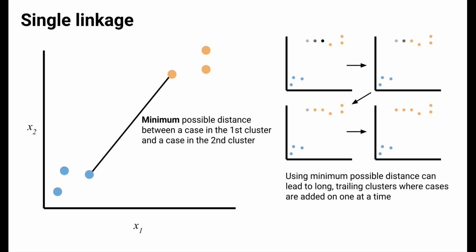They continually get tacked onto the orange cluster because the distance between the orange cluster and each of these subsequent cases is very small with this linkage strategy. Depending on the application and data context, this may or may not be sensible. So this is just behavior to keep in mind when we look at the results of single linkage clustering.